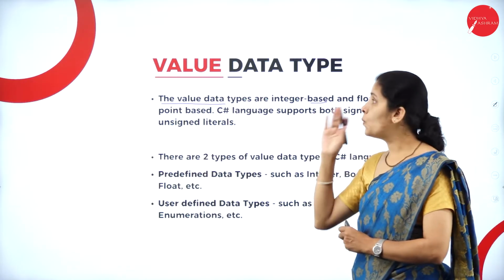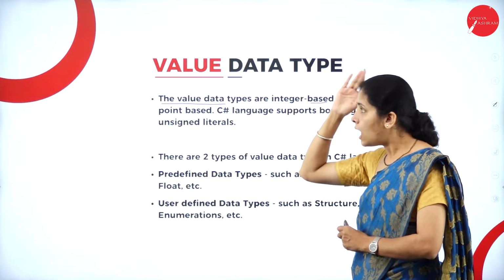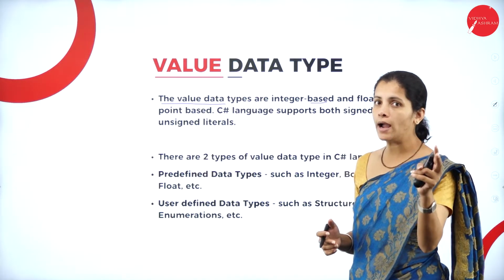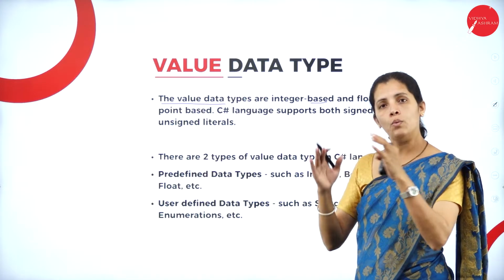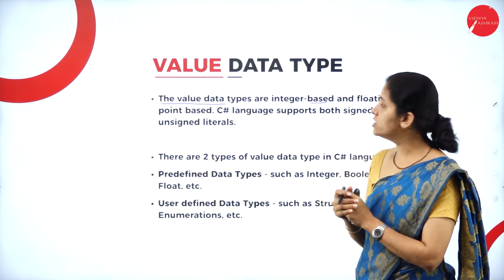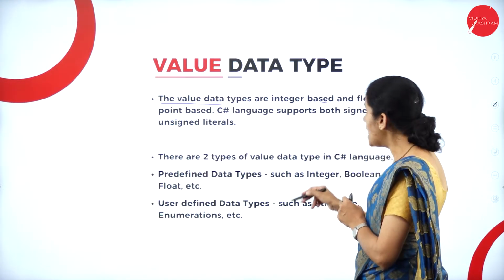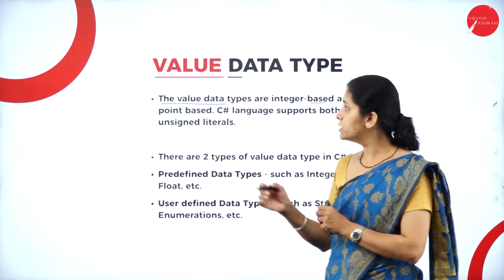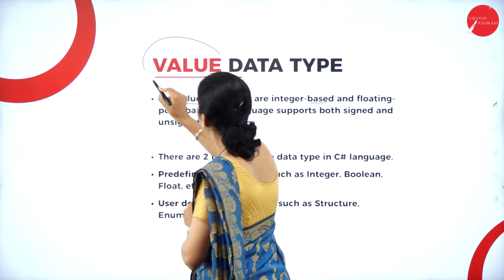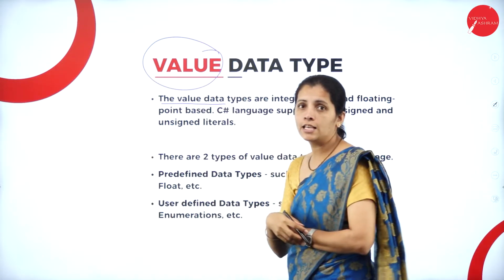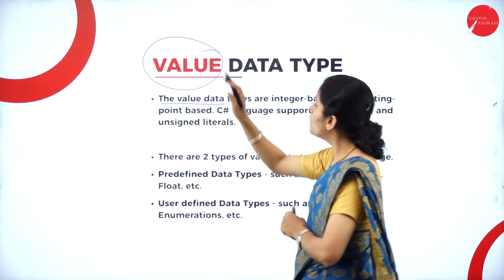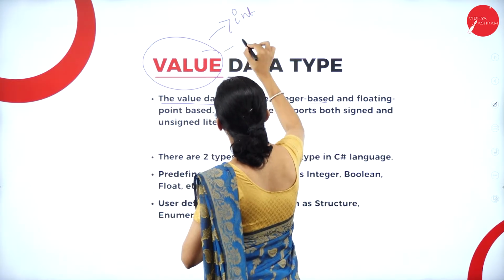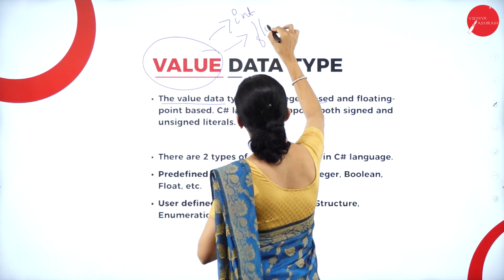Here remember one thing, what does value mean? Integer values as well as floating point. So dear student, in the C# programming language, value is nothing but integer and floating point.